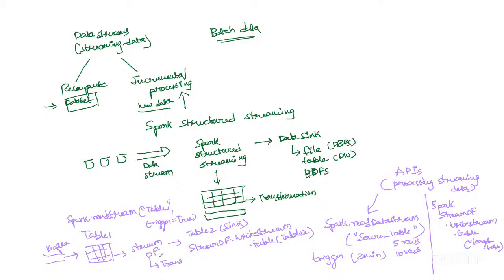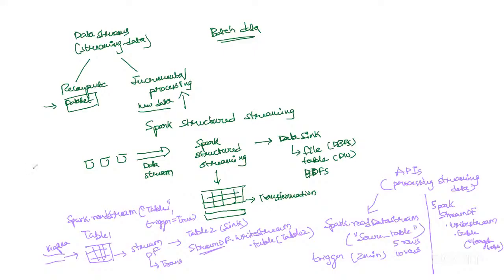Once you feel that your transformations are done, just say dot write stream dot table and give your sink table. And now all the transformed data, the transformation that was done in real time. Real time data processing is nothing but in real time you process data and you save that data.